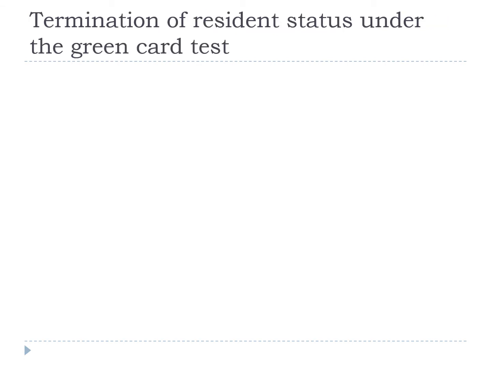Let us now consider how resident alien status is terminated if such status is based on the green card test.